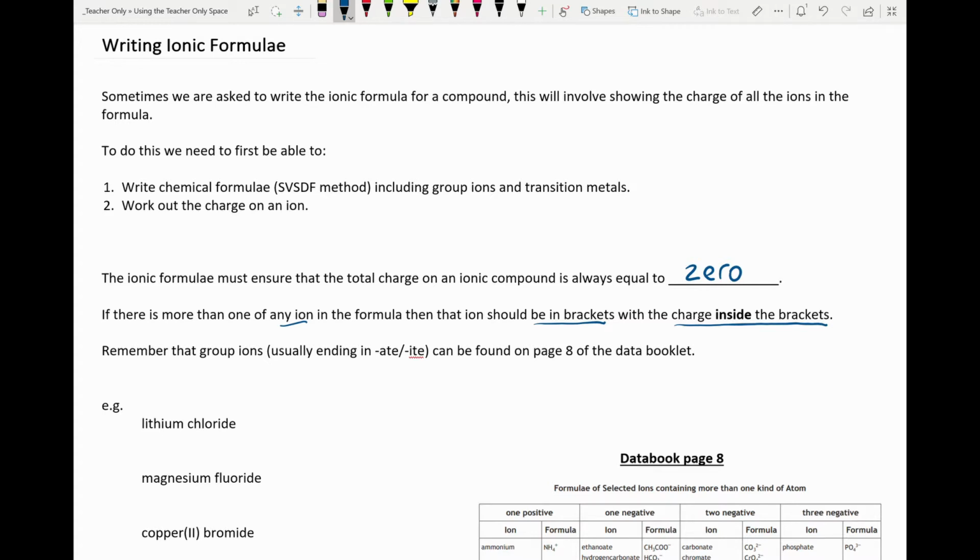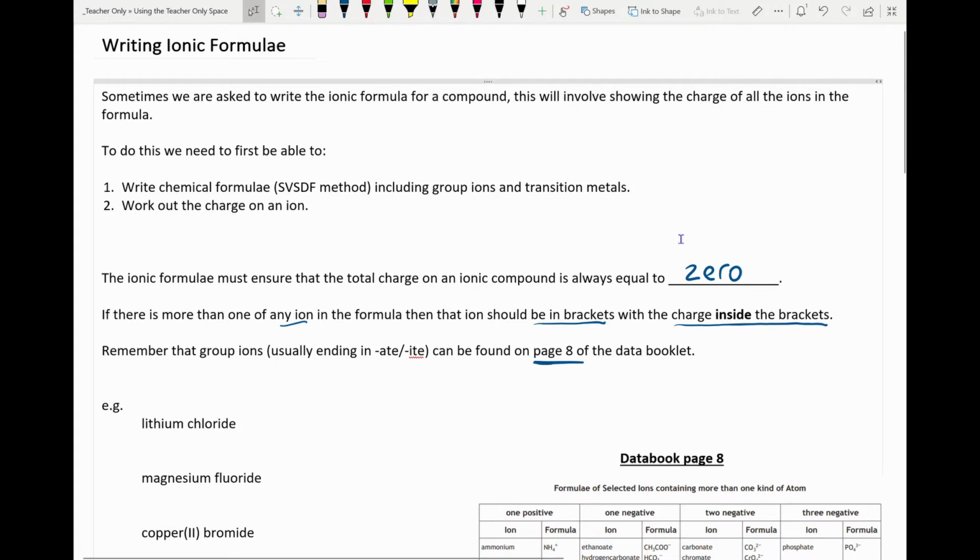Previously when we were writing chemical formulae, the introduction of group ions kind of takes it up a little level, and for some people makes it a little bit more confusing. There's an extra little step to be involved. The good news is that for an ionic formula, half the work is already done for you, because our group ions, if we remember, are found on page 8.